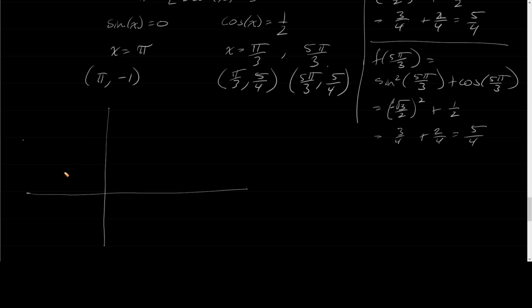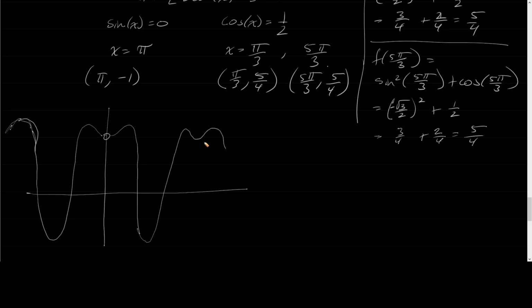That might be too much. All right, so here we go. Something like that. And it keeps repeating. But in here, this is the region that we're concerned about in blue.